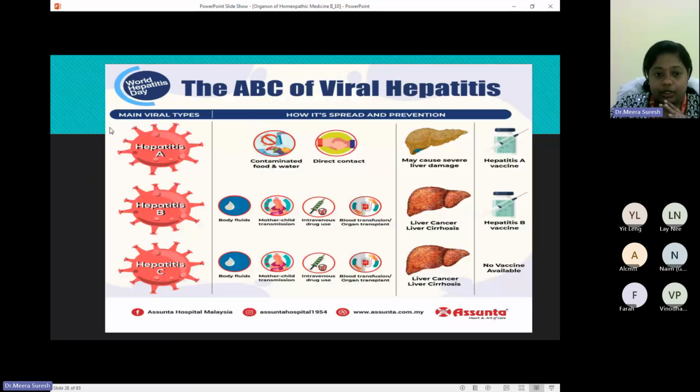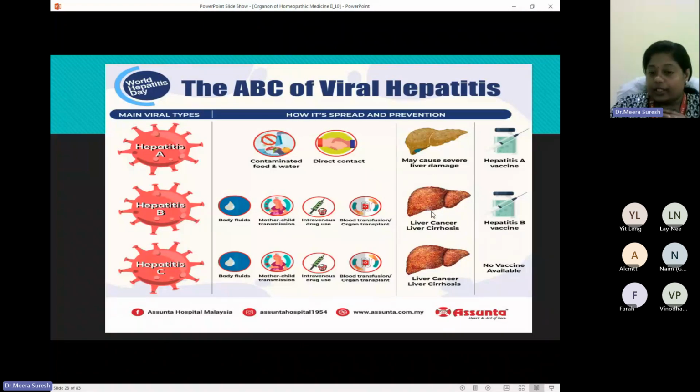So this is in a nutshell, hepatitis A, B, and C. A is mostly by the fecal-oral route or contaminated food and water and direct contact. It may cause severe liver damage, but mostly acute. There is a hepatitis A vaccine. Hepatitis B is transmitted parenterally, mother-child transmission, injection drug users, or due to blood transfusion.